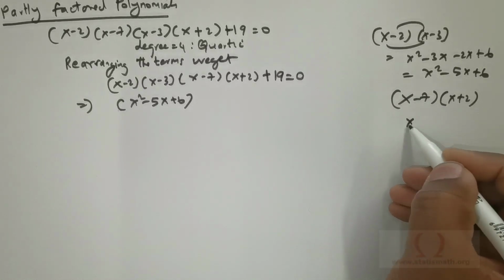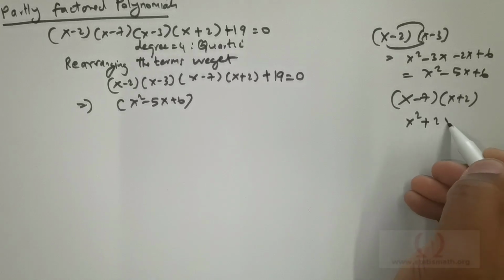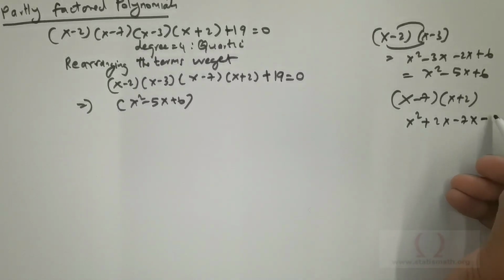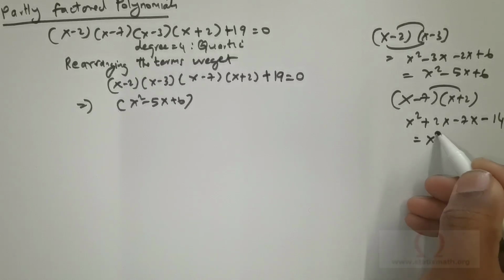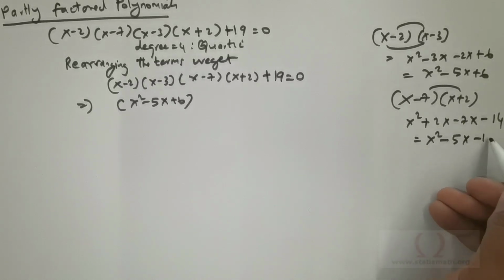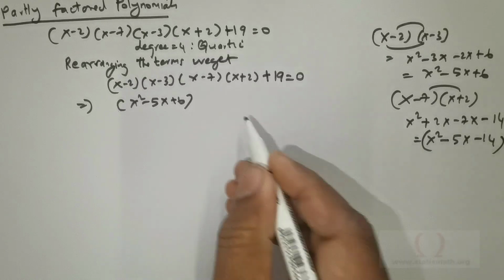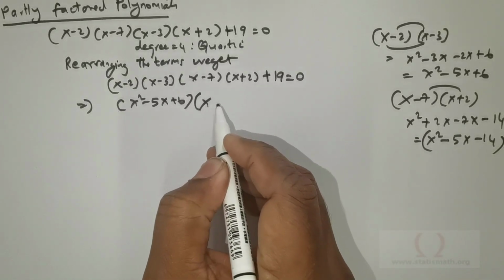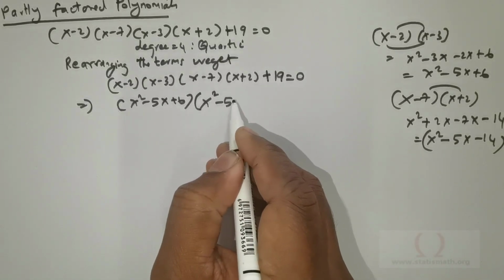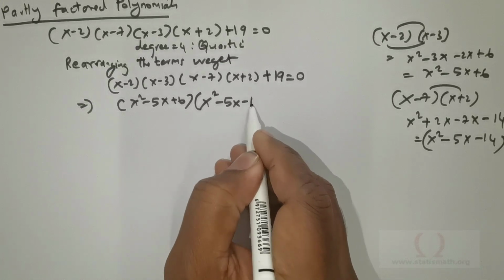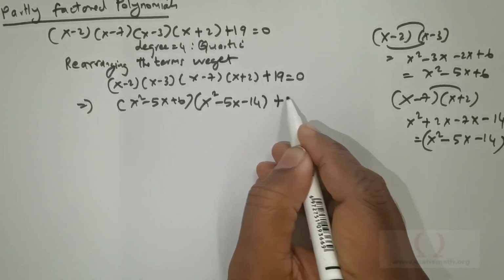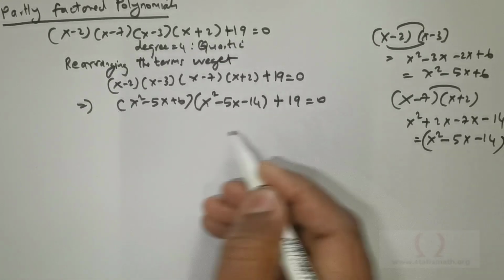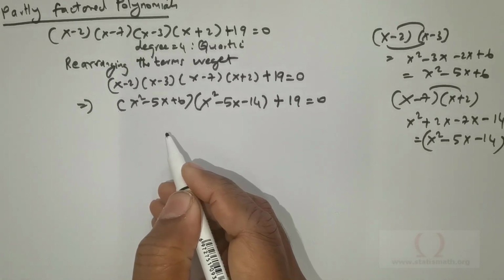That would give me x squared + 2x - 7x - 14, which is x squared - 5x - 14. So this is x squared - 5x + 6, times x squared - 5x - 14, plus 19 is equal to 0.